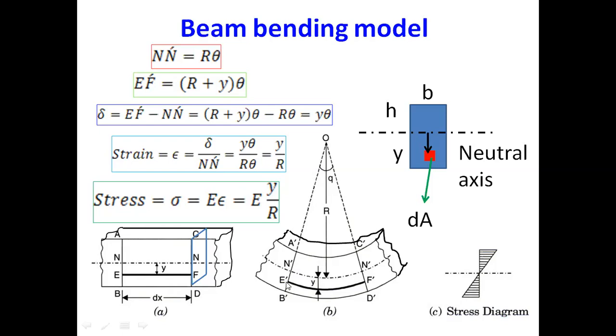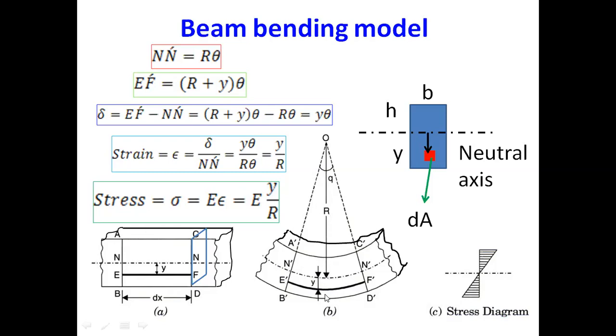So for this fiber E dash F dash, the radius would be r plus y. This is the radius of curvature of this fiber E dash F dash. To find the length of this fiber, again we use the same equation, S is equal to r theta.